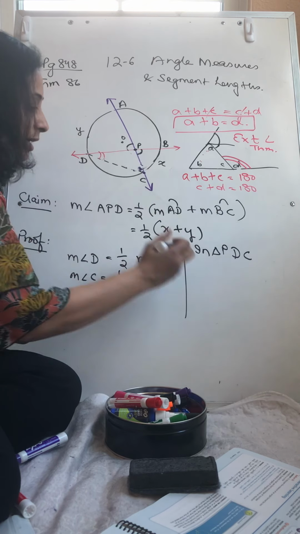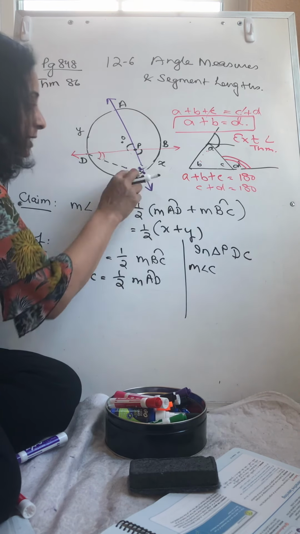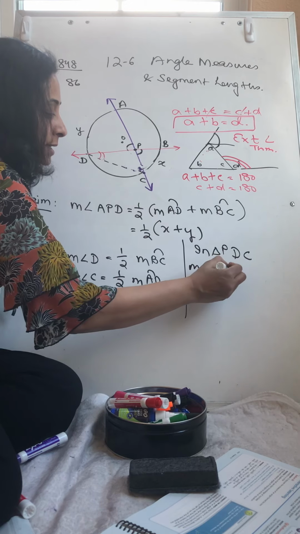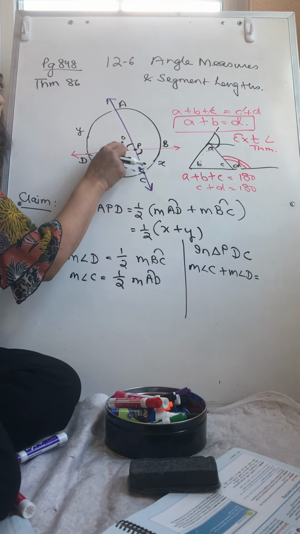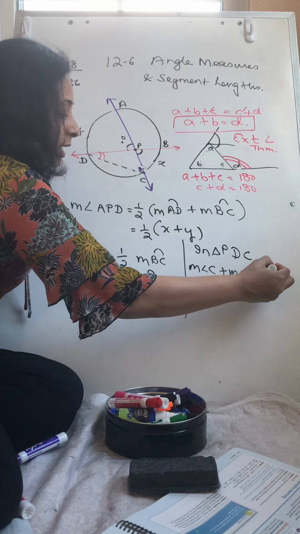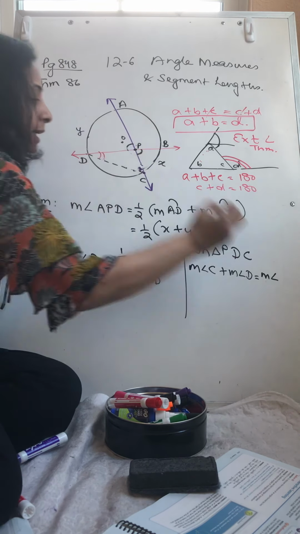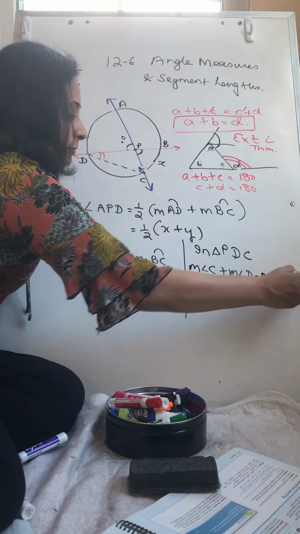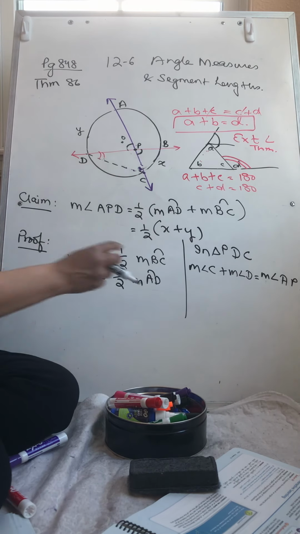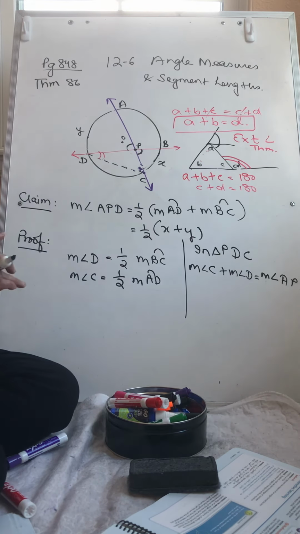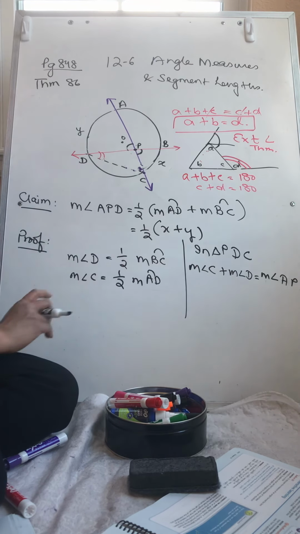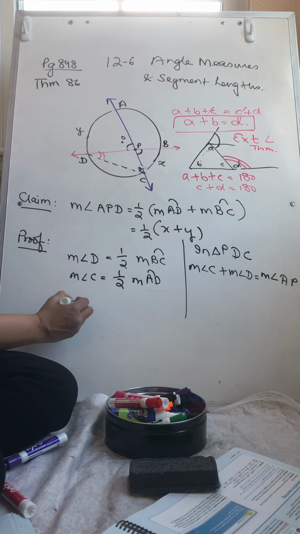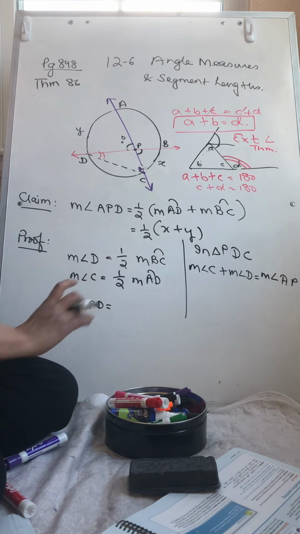So what I have here is measure angle C plus measure angle D. The sum will be equal to this measure angle APD. Okay, so I'm going to use that here now. Measure angle APD is equal to measure angle C plus measure angle D.